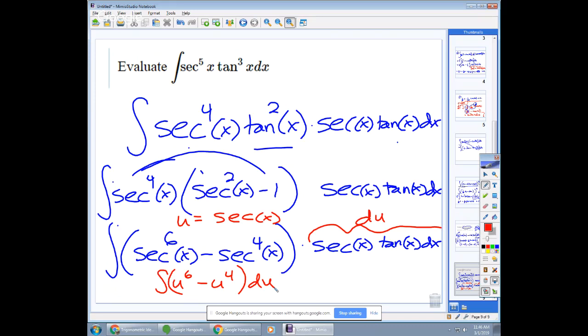So the antiderivative of u to the 6th would be u to the 7th over 7. But what is u? Secant. Secant, yeah. So then putting that all together for my answer, I'm going to get the secant to the 7th power over 7 minus the secant to the 5th power over 5 plus c.